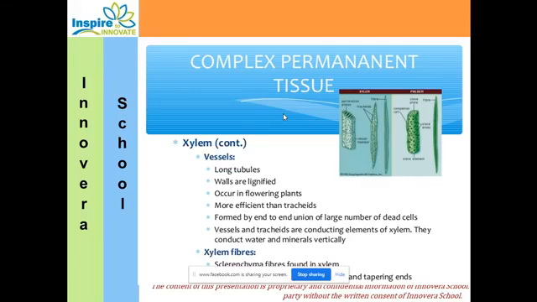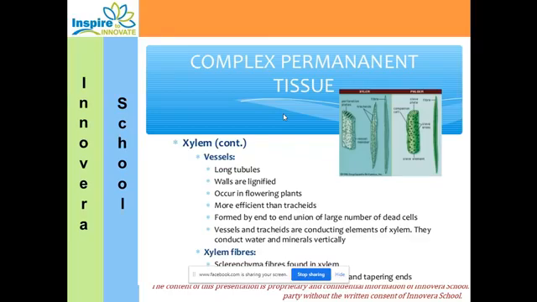Vessels and tracheids are conducting elements of xylem. They conduct water and minerals vertically. So you can say that tracheids and vessels are both friends. Tracheids also do the job of conduction of elements such as water and minerals, and vessels are also doing the same thing.